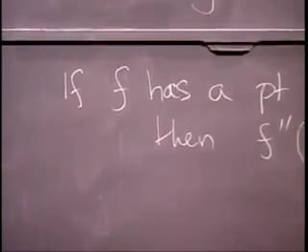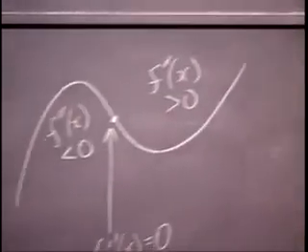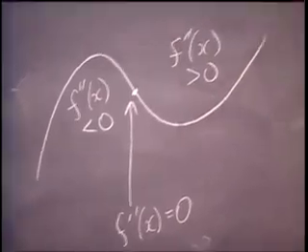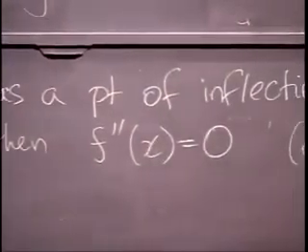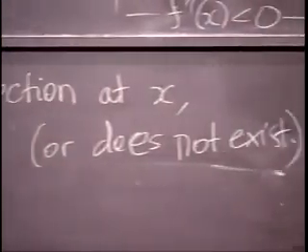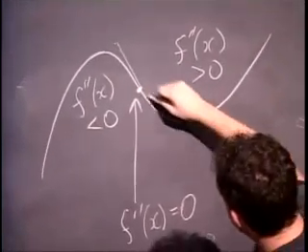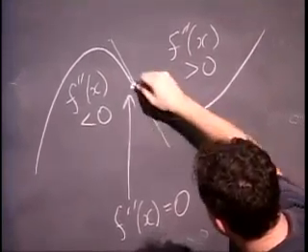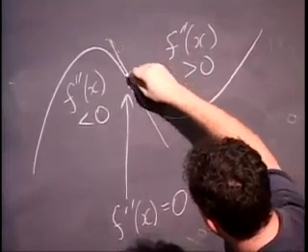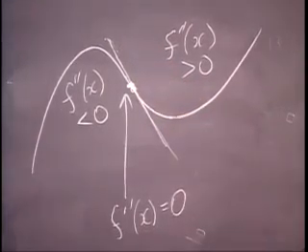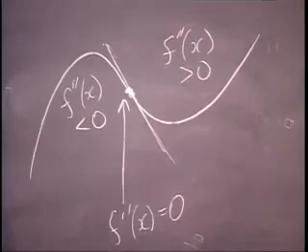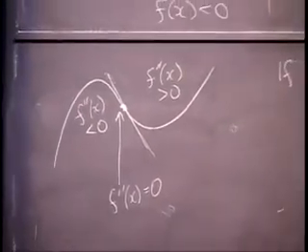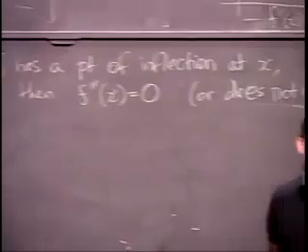Well, that's a point where it's concave up on one side and concave down on the other side. So it switches from concave up to concave down. And it's characterized by the fact that the tangent for a concave down curve is above the curve, whereas for a concave up, it's below the curve. So this tangent line here actually passes through the curve. Okay? So what I'm trying to tell you is if the second derivative exists and you have a point of inflection, that can only be when the second derivative is 0.